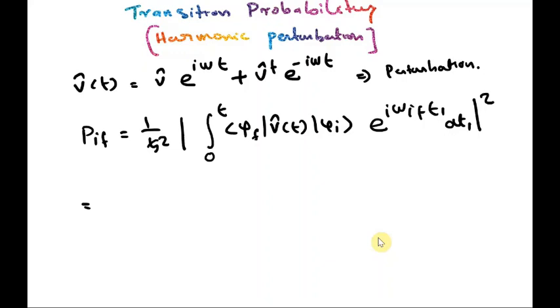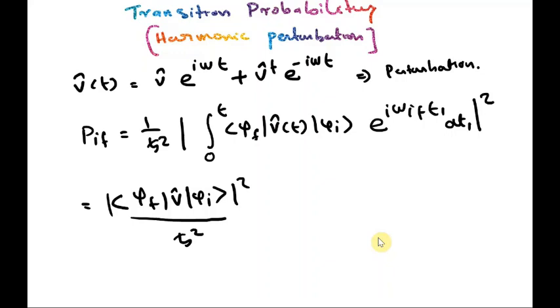Okay, there are going to be two terms. The first term is the modulus square of psi f, V, psi i. This is the time independent part of the potential that came outside the integral, divided by h cross square, and later I have this time integration from 0 to t.